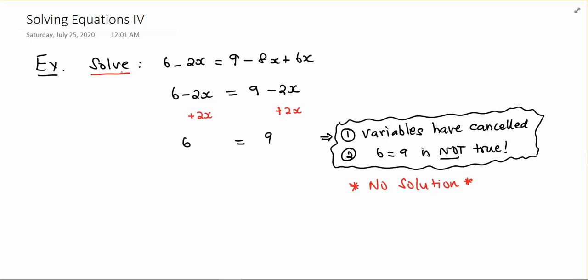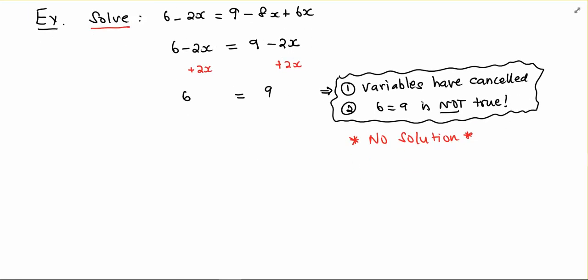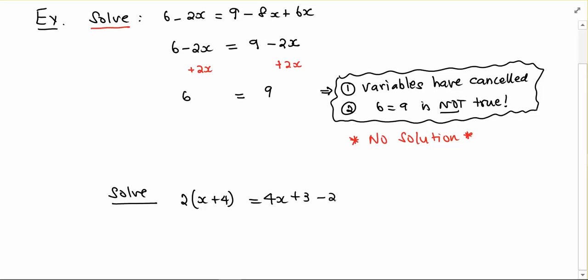Now, there's a second situation that could arise. And let's take a look at that one. Solve. And let's say we had the problem 2x plus 4 equals 4x plus 3 minus 2x plus 5.